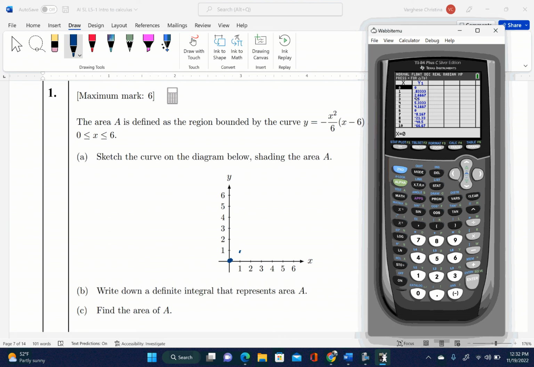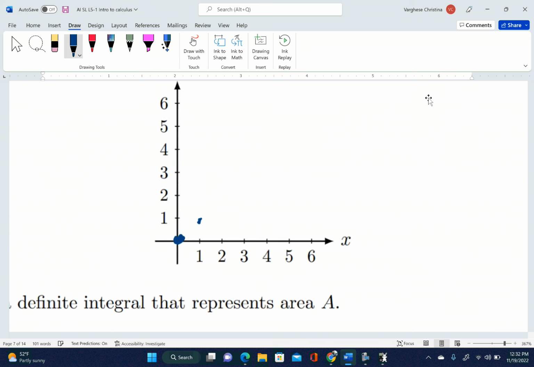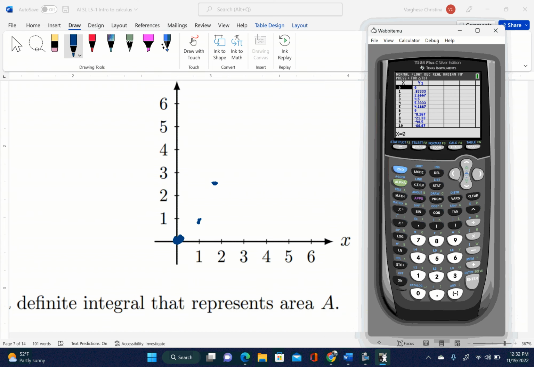Then I have 2, 2.6. So that's going to be around, you might be a little bit more accurate than me, but 2.6 is going to be a little bit more than half, so somewhere around there.